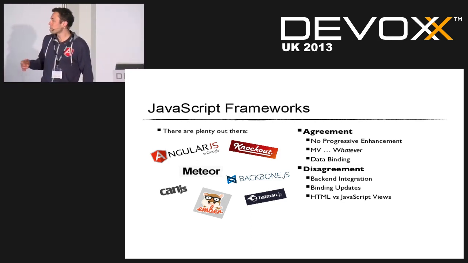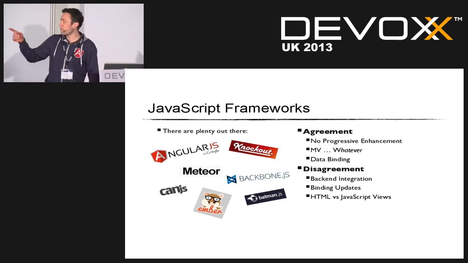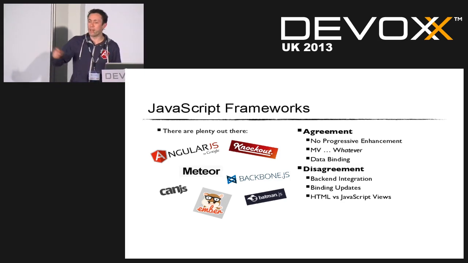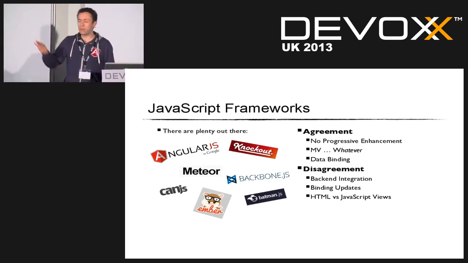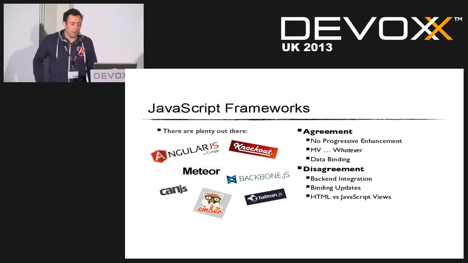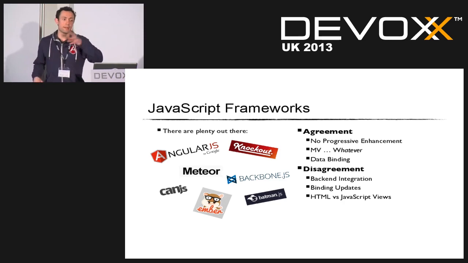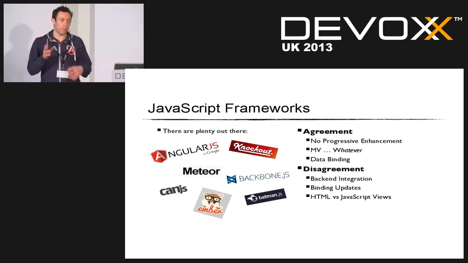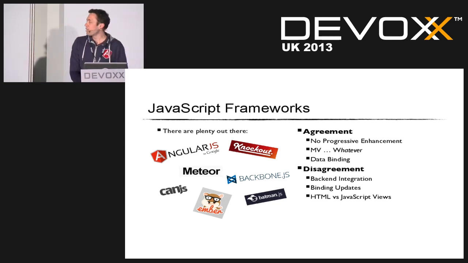Some of these guys are using a specific backend, so things like Meteor, possibly Backbone and CanJS. They expect a particular kind of backend, but other ones are pretty agnostic to that. They all agree that we should bind data from your model to the view, but they do it in lots of different ways. And Angular has a particular way of doing it, which is somewhat controversial.